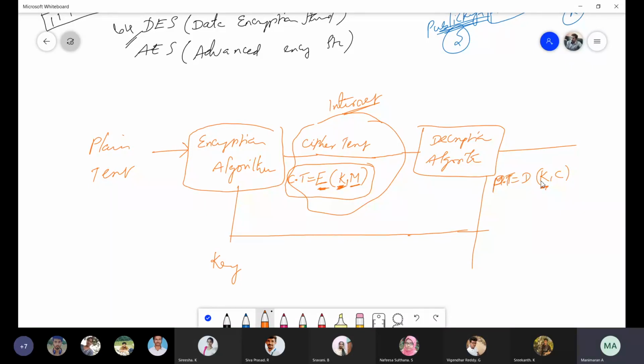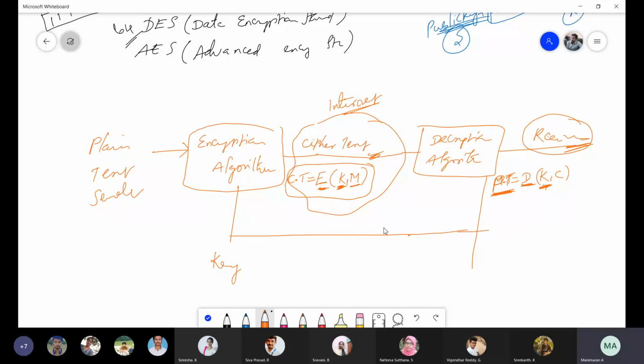This is the sender, this is the receiver. The receiver will take the ciphertext and use this key value, then by using the decryption algorithm, it converts the ciphertext into plain text. Then only the receiver will understand exactly what the message is.